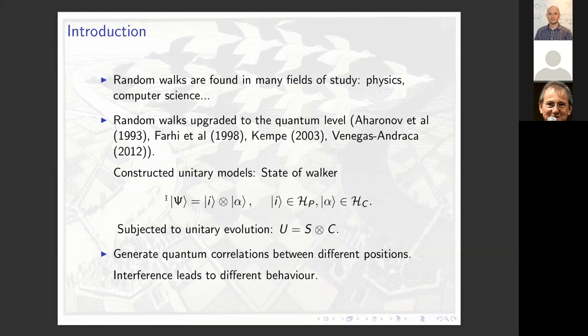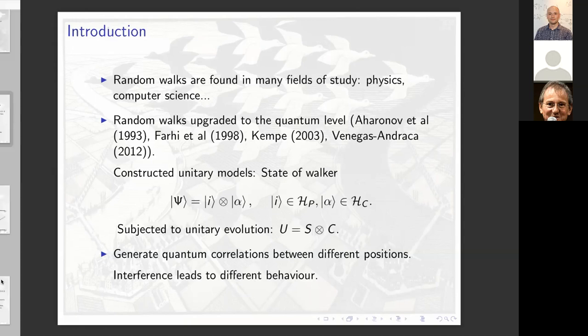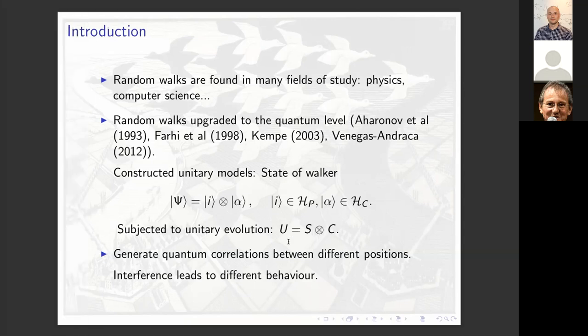It is then typically subjected to unitary evolution. So this is a closed system and the dynamics is unitary. The unitary operator can look something like this, again a tensor product. This C operator, this matrix, acts on the alpha state, and it is responsible for transforming the internal degree of freedom.